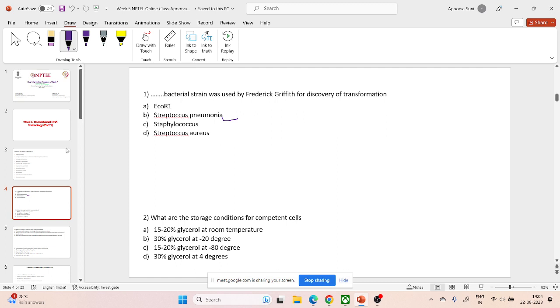Streptococcus pneumoniae is the correct answer. Now the next question is, what are the storage conditions for competent cells? 15 to 20% glycerol at room temperature, 30% glycerol at minus 20 degrees Celsius, 15 to 20% glycerol at minus 80 degrees Celsius, or 30% glycerol at 4 degrees. So what is the storage condition for competent cells?